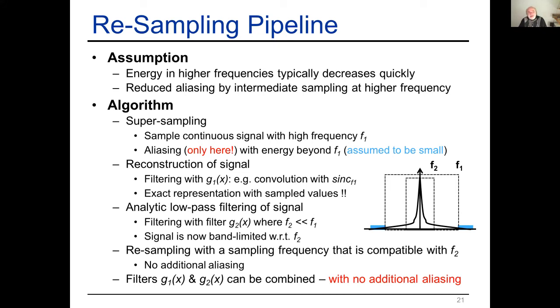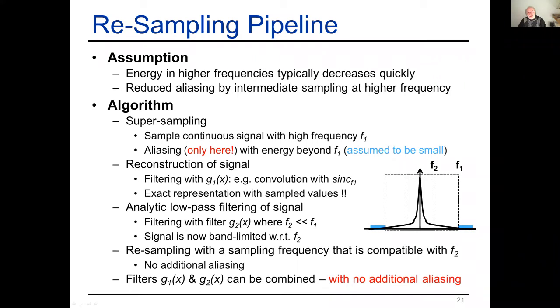And the funny thing is that the filter that reconstructs the function G1, this reconstruction filter, and this low pass filter G2, I can actually combine them into a single filter.